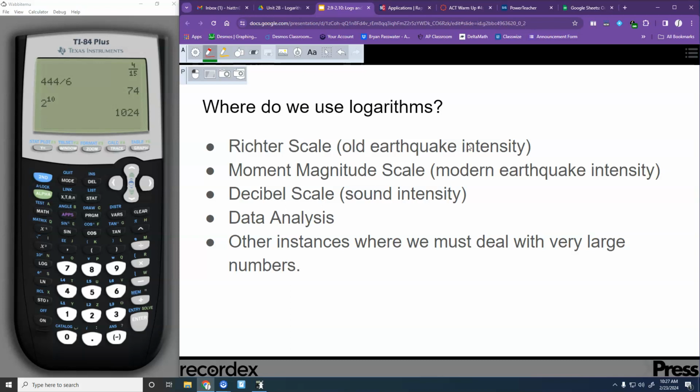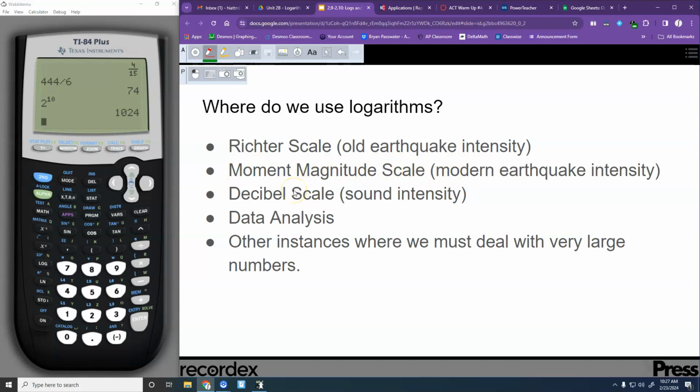I think that people still call it the Richter scale, even though it's not the Richter scale anymore these days. But if you hear modern scientists talking about this, they would be using this one.